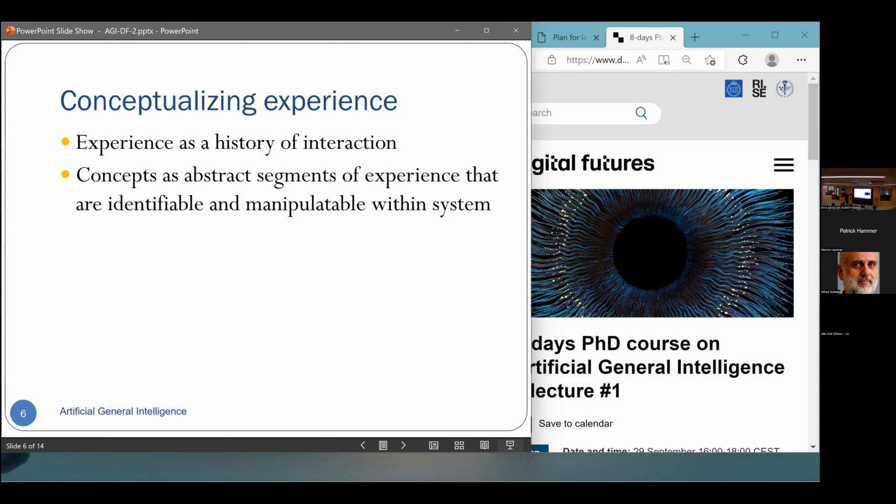You cut it into sections because the whole experience is too long. You can say it's infinitely long in both directions. Well, not really infinite, but too long for you to take the whole into consideration. You need to cut a section of it. And also abstraction, meaning that you don't keep all the details. You keep some features of that segment, and the result is what we call a concept.